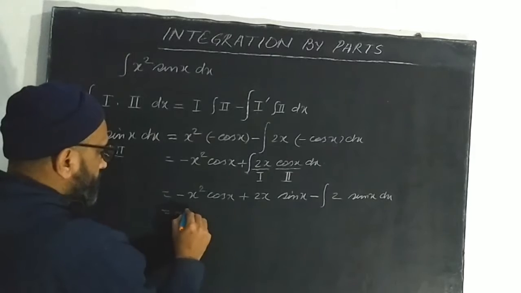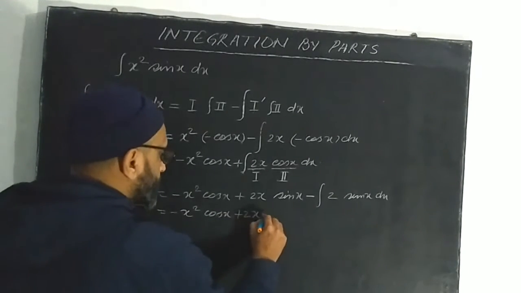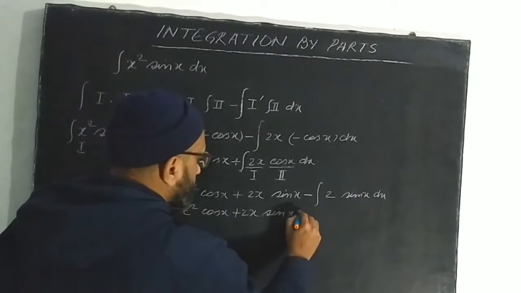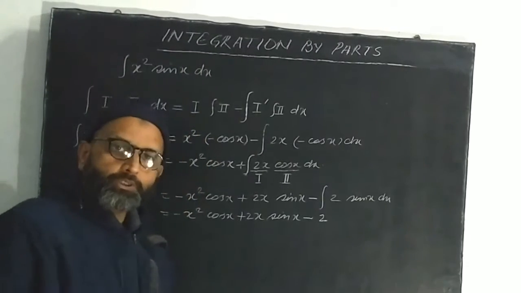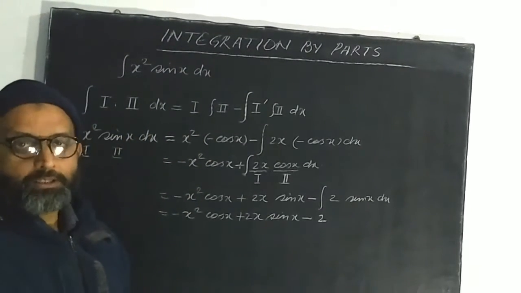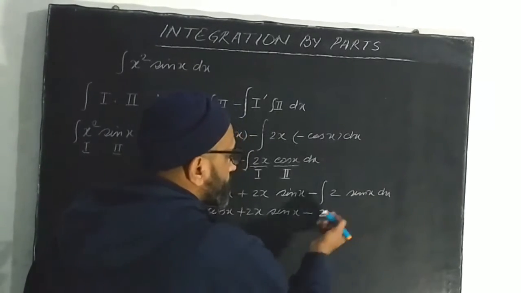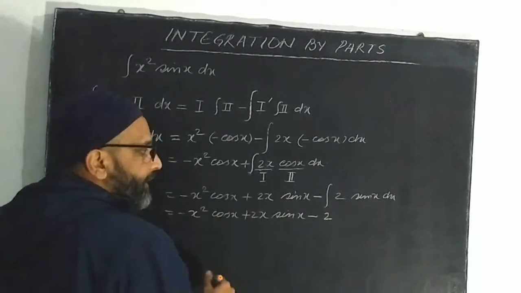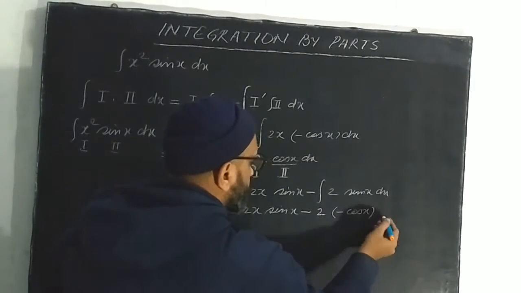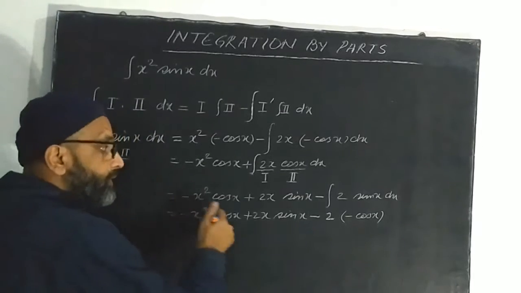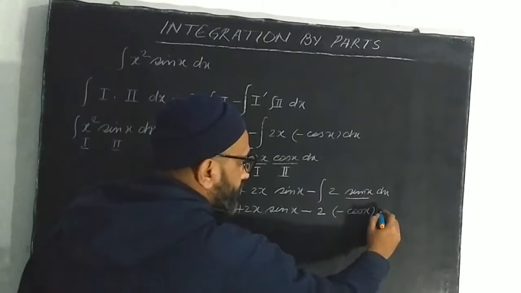So minus x square cos x plus 2x sin x minus 2, and here only one function is there, sin x, which is integrated easily into minus cos x, because the integral of sin x is minus cos x. We need not use integration by parts again here, because it is a single variable function.